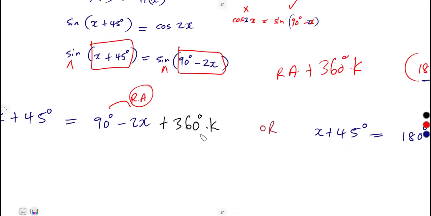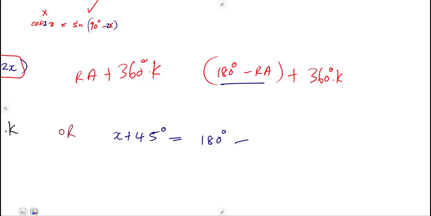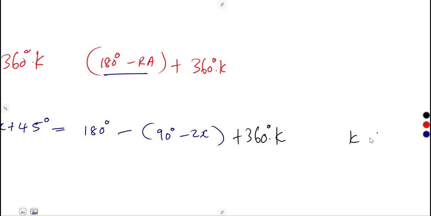Remember our reference angle, the acute angle, 90 minus 2x. So that's our reference angle. Plus, this part remains as it is, 360 degrees times k. So remember, k representing the integers.